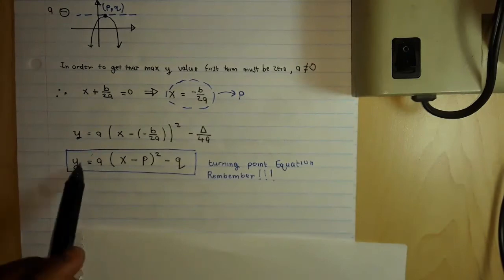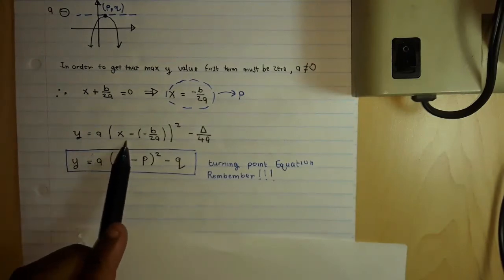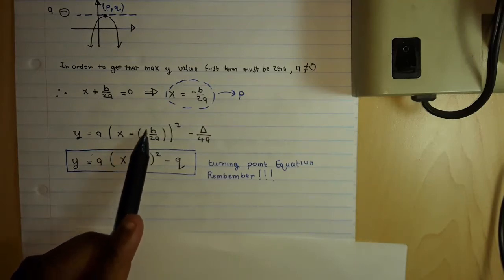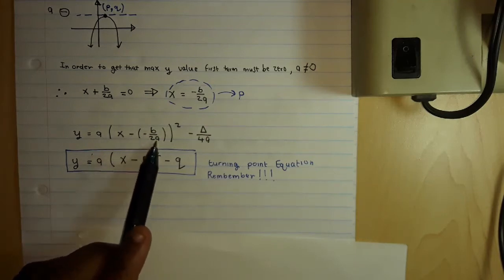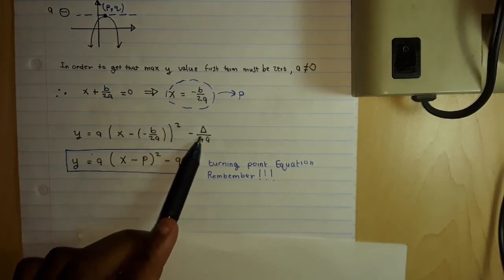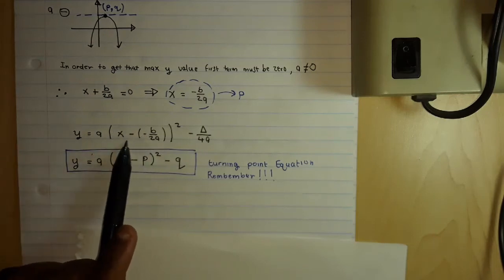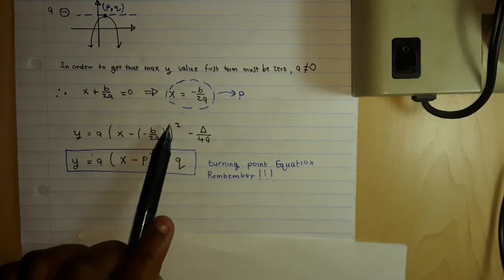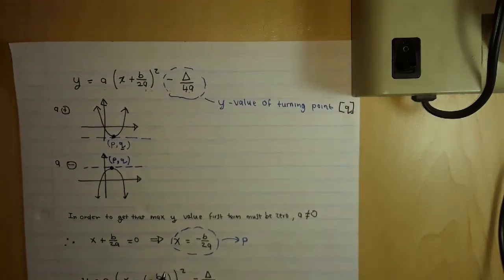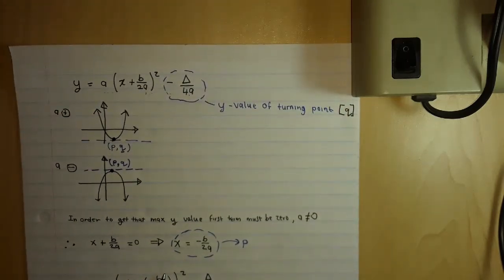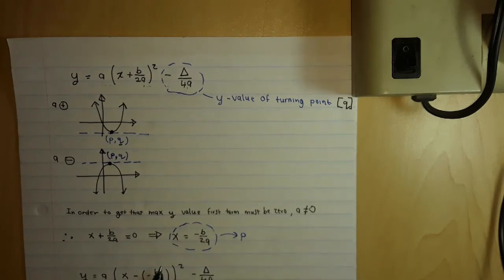We have this equation a times x plus b over 2a, bracket squared, minus delta over 4a. Remember, this is the same equation, because if you multiply this out, you have a plus, and it's x plus b over 2a squared, which is the same as the above equation. So it did not lose structure, but we want to see how p and q appear in the new equation.